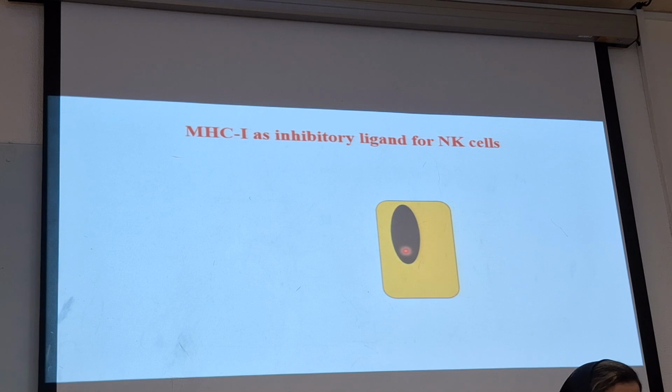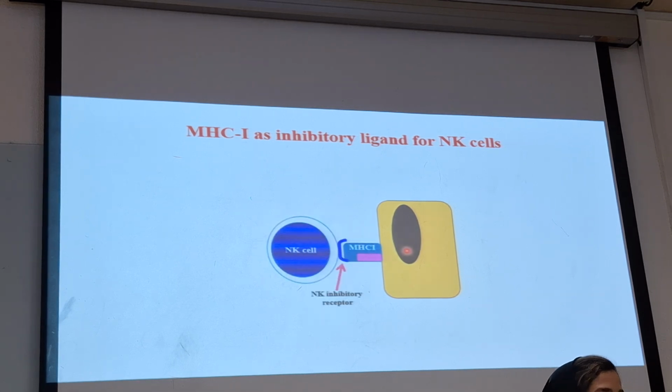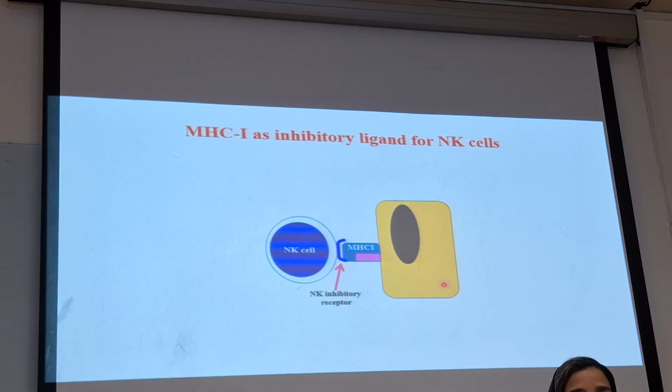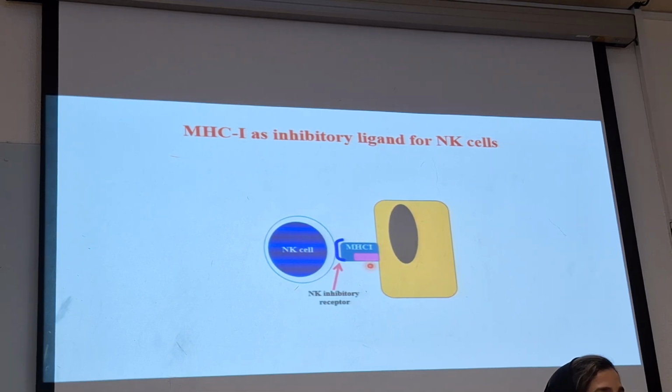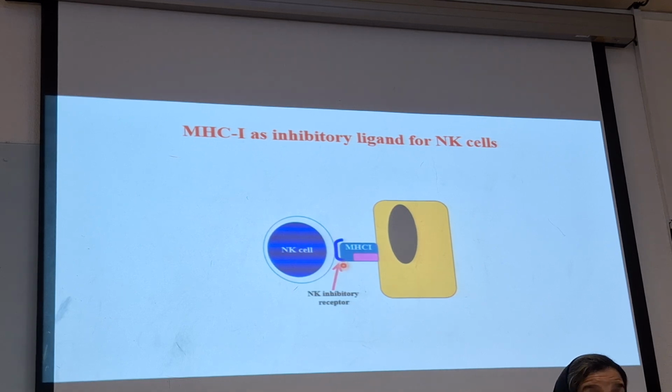But look at virus-infected cells. Here you are seeing normal hepatocytes. These cells have not been infected with virus and express MHC1. MHC1 binds to the inhibitory receptor on the surface of the NK cell and sends an inhibitory signal, so the NK cell is inhibited.